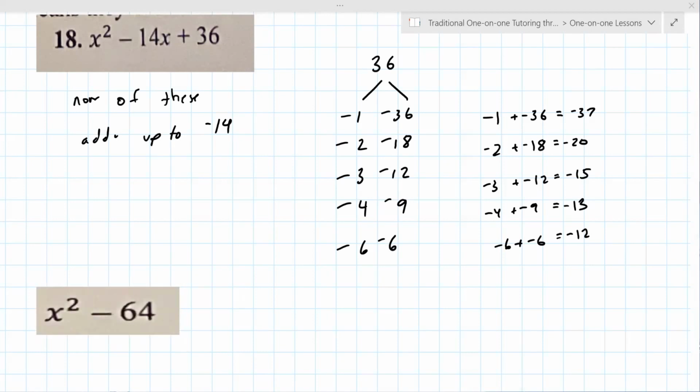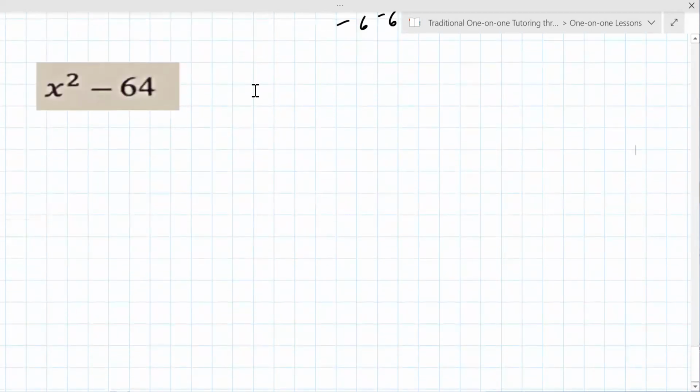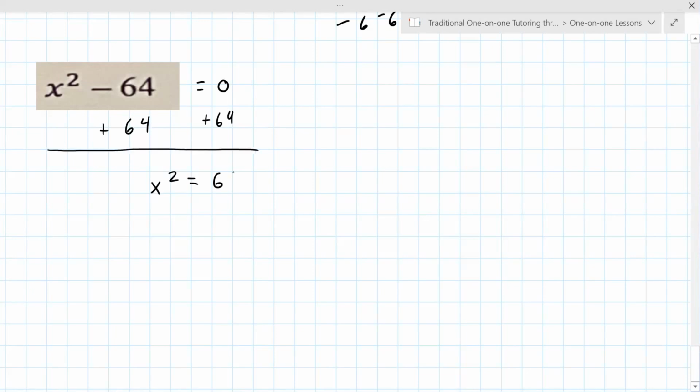The x-intercept, I guess it's something new, is when you set this equal to 0. So when you set it equal to 0, one way to do it here is to add 64 to both sides. So you have x squared equals 64.